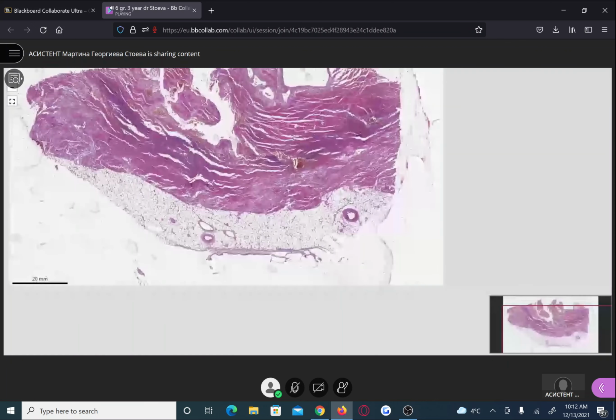And this is the mechanism of developing of localized fibrinous pericarditis, which is known as pericarditis epistenocardica.